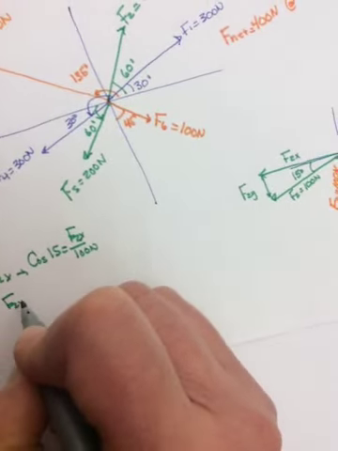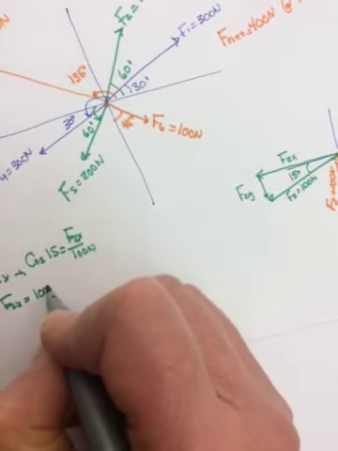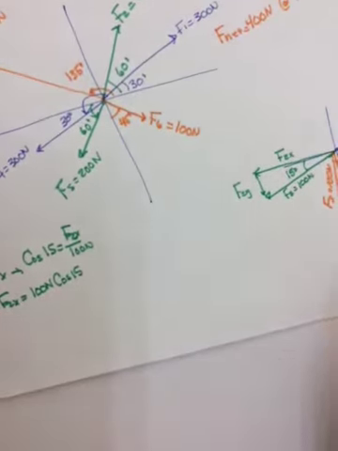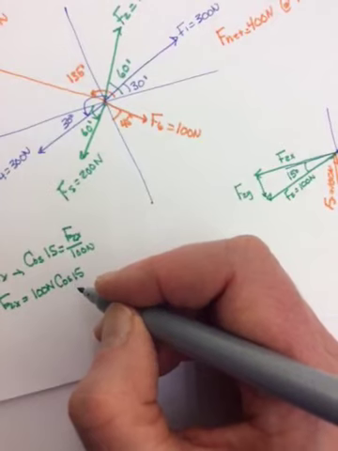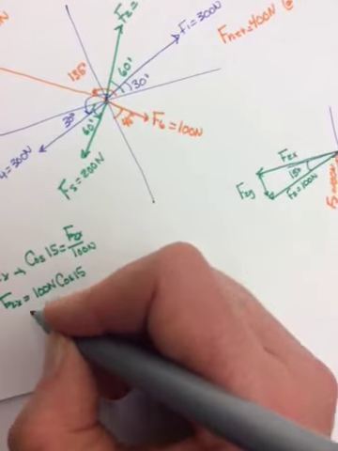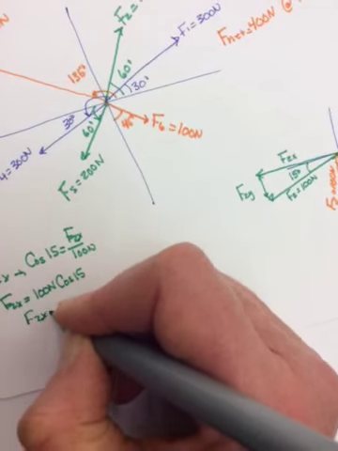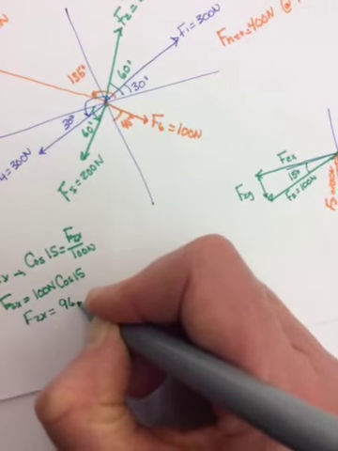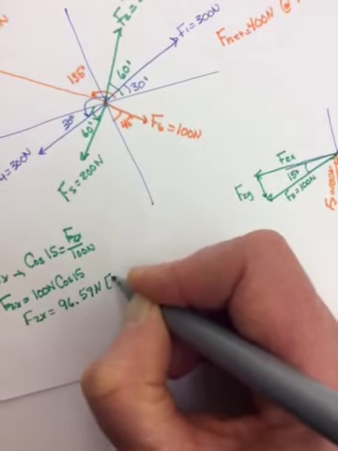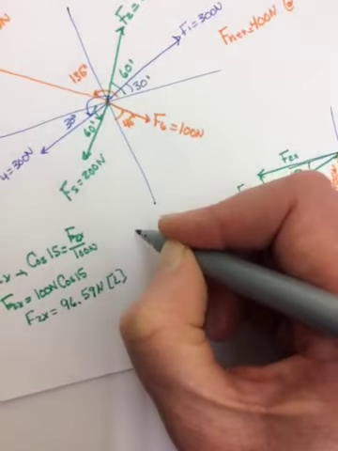So F2x will equal 100 newtons cos of 15. And when you do that, you should get 96.59. So F2x is equal to 96.59 newtons, and it's going to the left, so I'm going to put an L there.